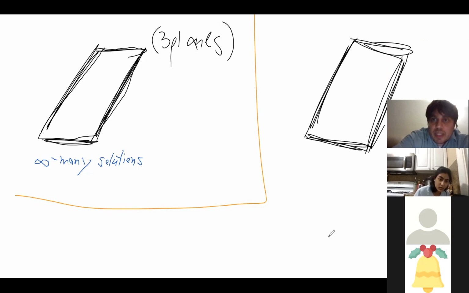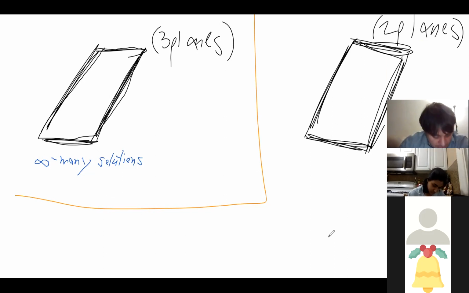Okay, so if you have 2 planes that coincide, this is 2 planes. And then you have 1 plane that does not coincide, but it's its own plane. Let's just do it like that.